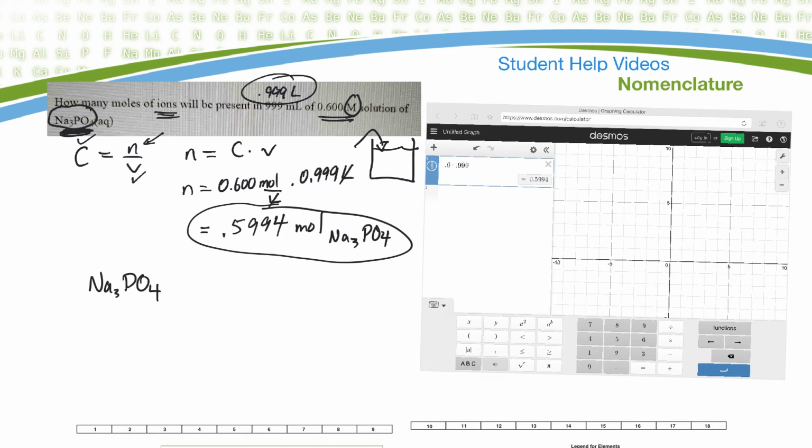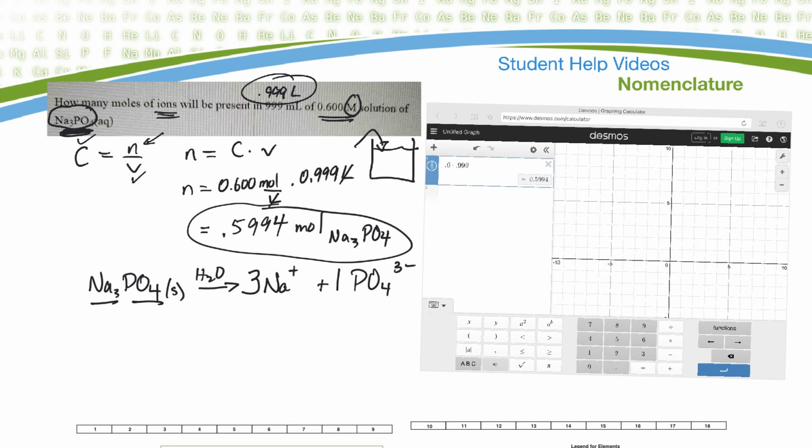So when I dump this solid into water, it'll form sodium ions and phosphate ions. These will break apart. Balancing the equation, I'd have 3 sodium ions for every 1 phosphate ion.